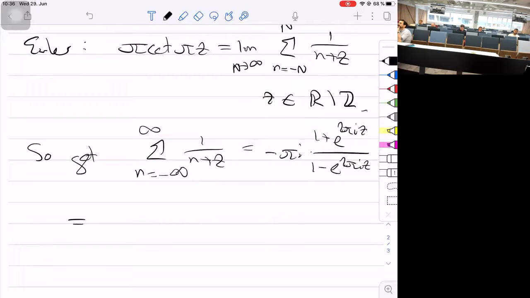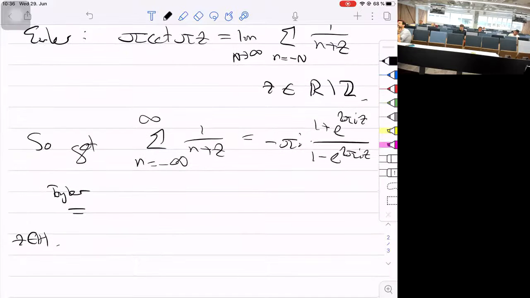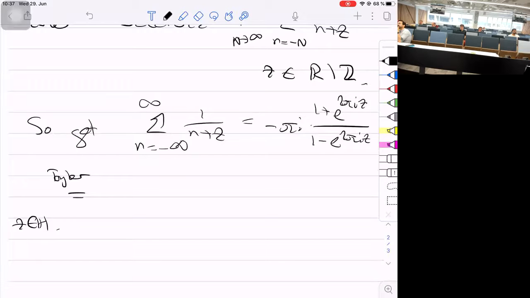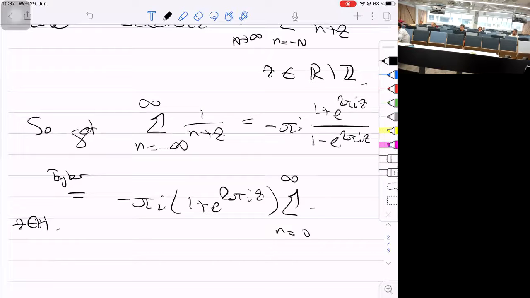And then we can Taylor expand these. If z is in the upper half plane, you run into issues with z being integers, where there is divergence. So the problem is just to expand by the geometric series, and you should be able to quickly get that this is the sum n equals 0 to infinity of e^(2 pi i n z).